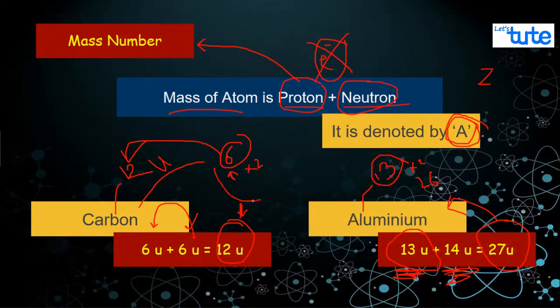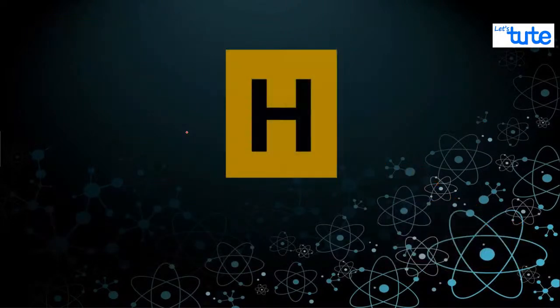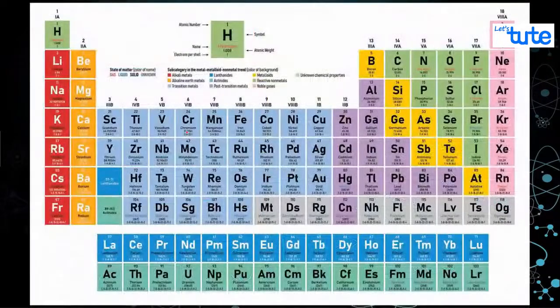Remember, you can follow this formula, and in certain elements this formula is actually valid. If you try to understand certain atoms or elements, you'll get to know that their mass is actually double their number of protons. For example, if I have a periodic table over here, I don't know if you can see all the elements properly or not, but there are elements which have their atomic mass double their atomic number.